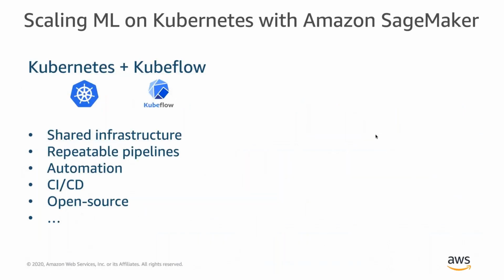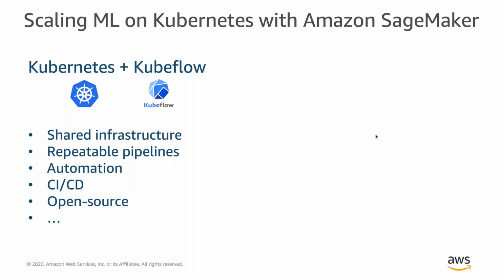Now, when you talk about scaling machine learning on Kubernetes, you can actually leverage some of these innovations in Amazon SageMaker. Say you're a current user of Kubernetes and Kubeflow, or are planning to use them, because for various reasons you want a shared infrastructure in your organization where other teams rely on Kubernetes for critical aspects of their workflows, or you want capabilities in Kubeflow such as repeatable pipelines, you have automation already set up around Kubernetes, maybe CI/CD pipelines, or you want something that's open source.